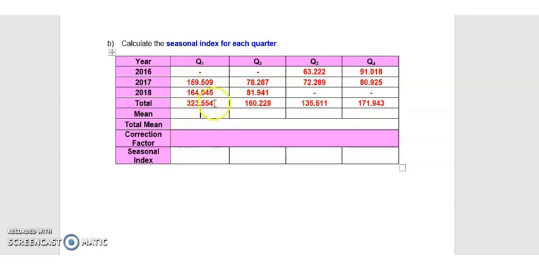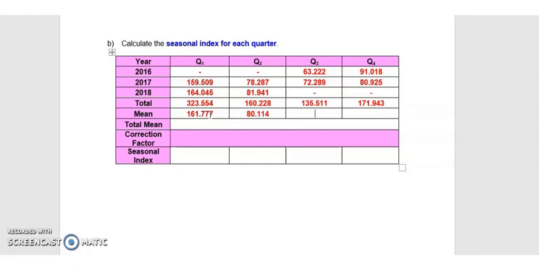Okay, next find the mean or average. So how do we find the mean? Total up and then divide by the number of data. So how do we find the total? 323.554 here by adding up these two values. So the mean is 323.554 divided by 2. So the mean for the first quarter will be 161.777. Second quarter 160.228 divided by 2, we will get 80.114.